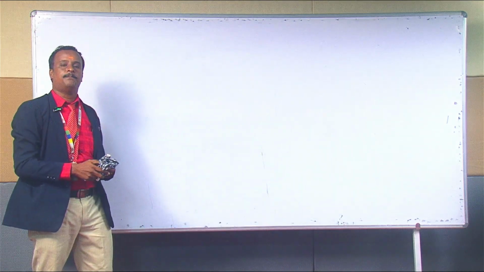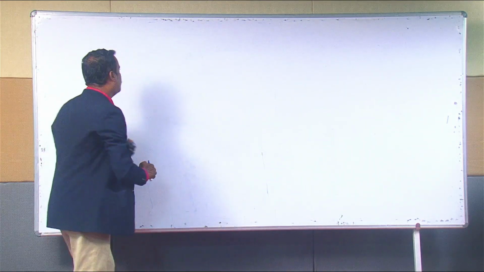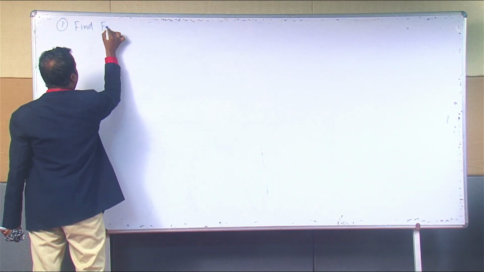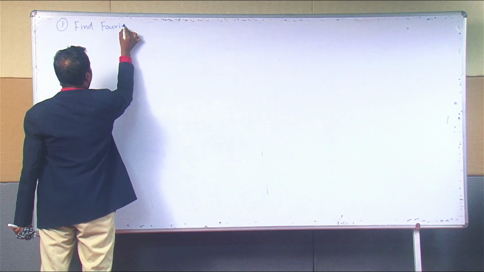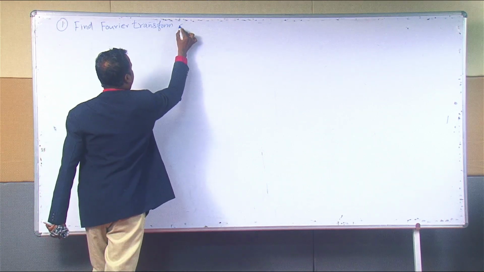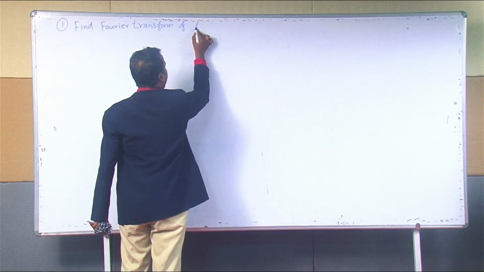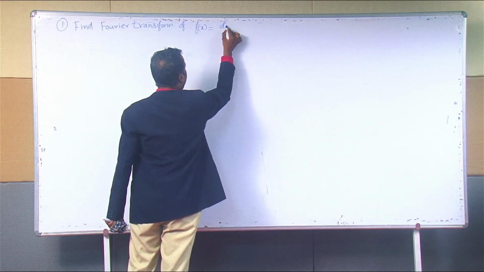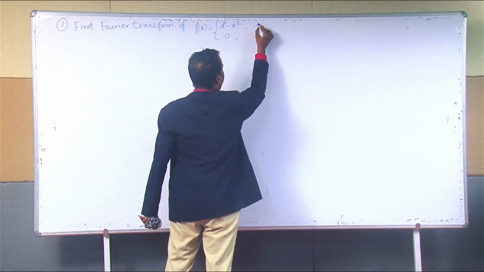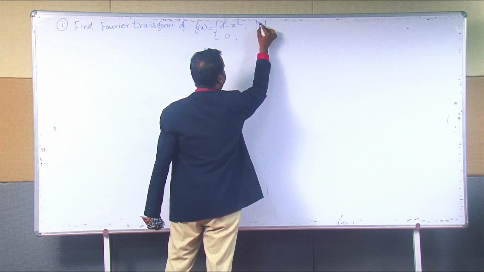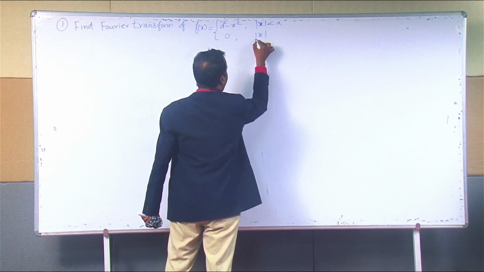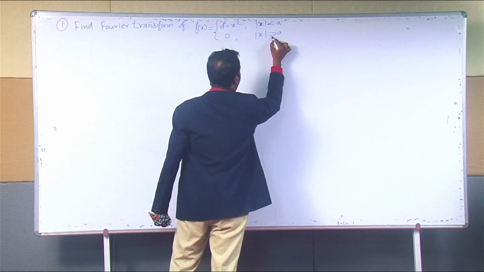Now we are going to discuss an important problem on Fourier transform. That's the first problem: find the Fourier transform of the function f of x, which is defined as a square minus x square when modulus of x is less than a, and it is 0 when modulus of x is greater than a.